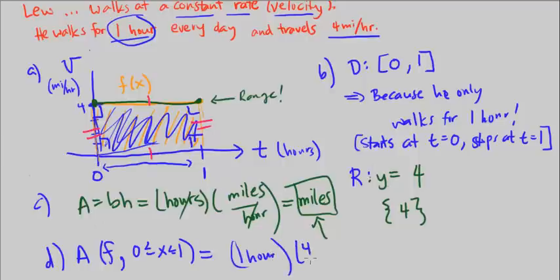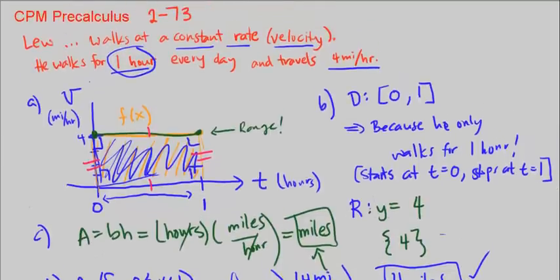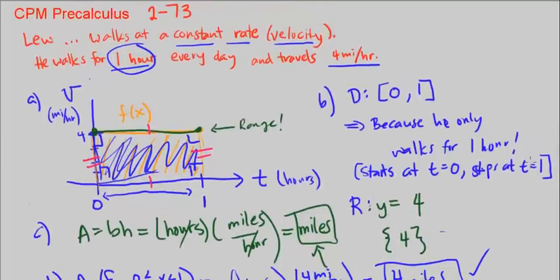The height is 4 miles per hour. You multiply these, 4 times 1 is 4. The hours cancel and you get 4 miles. So the area is 4 miles, and we're done with part D. This ends CPM Precalculus Chapter 2, number 73.